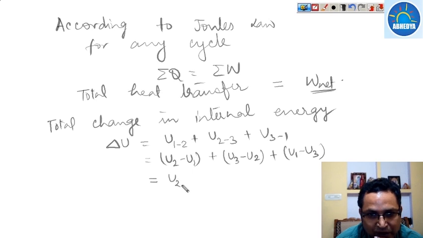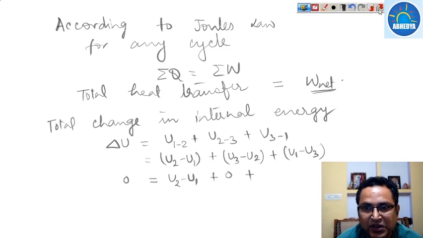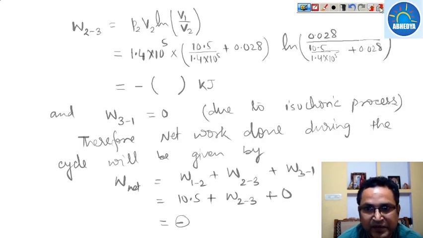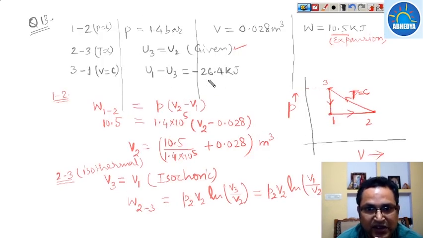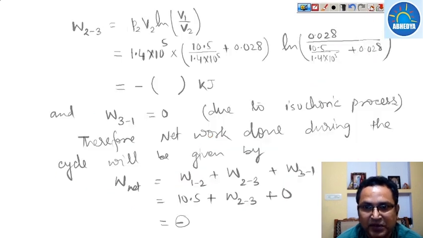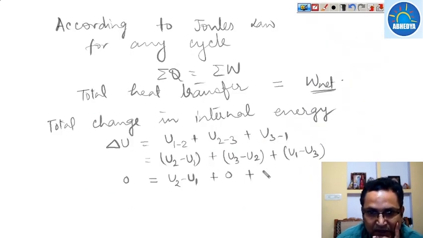So U2 minus U1, and this must be 0, plus U3 minus U2, this value is equal to 0 given, and U1 minus U3, this value has already been given, that is minus 26.4. Because of this, U2 minus U1, that is the change in internal energy in the process 1 to 2, is 26.4 kilojoule.